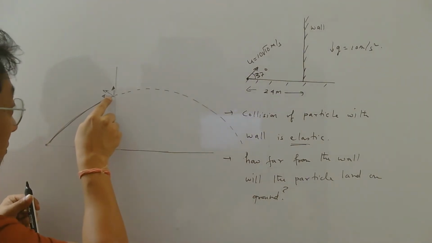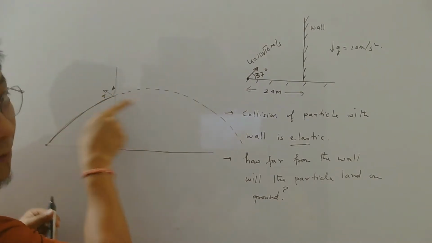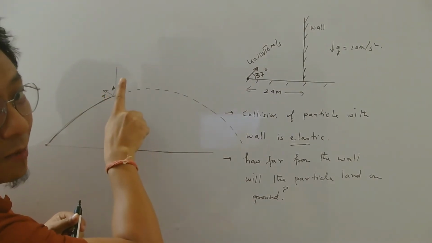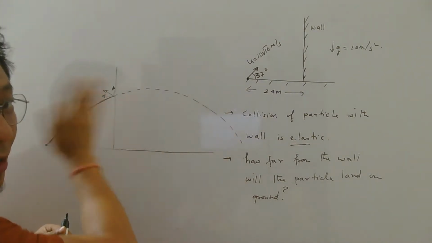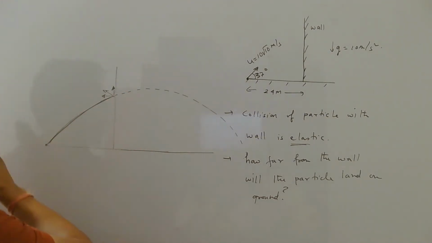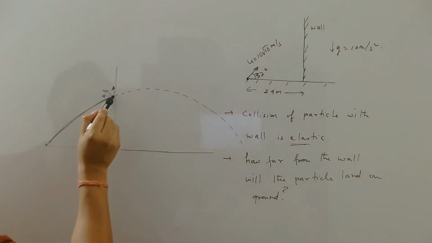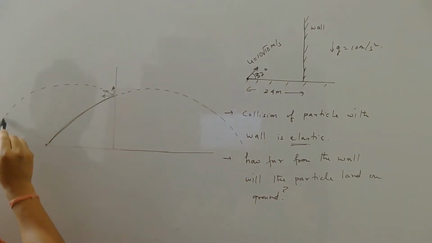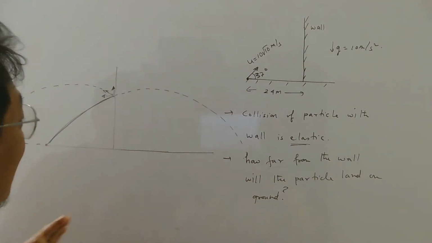Since this velocity after collision is the reverse of this and this velocity is the same, vertically whatever happened here will happen here also, but horizontally it will reverse this side. So this same path will be traveled in the backward direction. So that is what happens in projectile when it hits a wall. I hope that is clear.